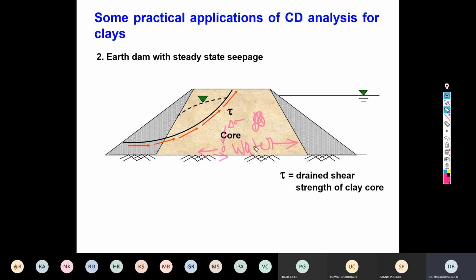Because water is relatively incompressible, it tries to dissipate the pressure in the lateral direction. And who will be the takers? Only the soil particles.